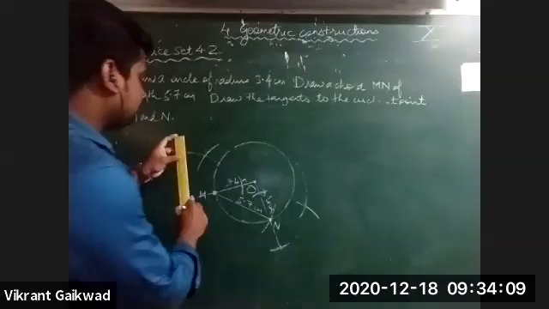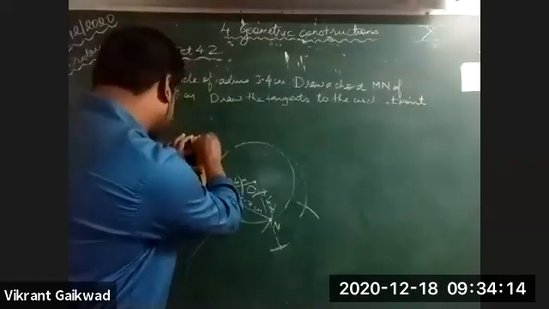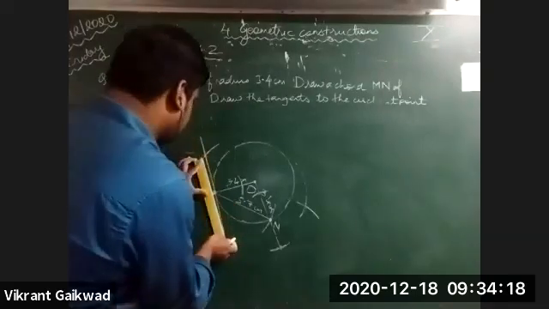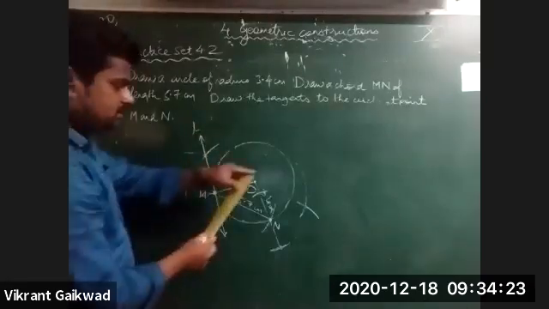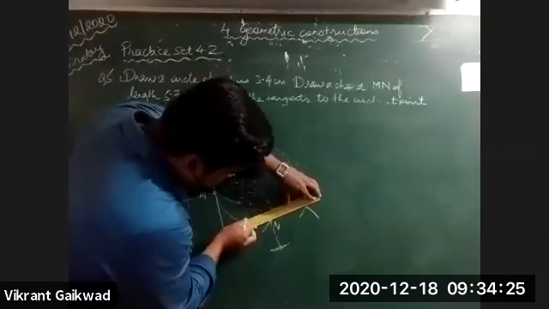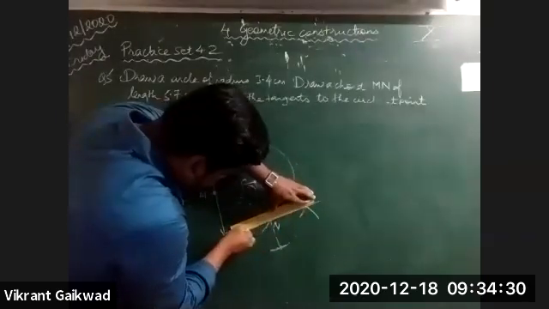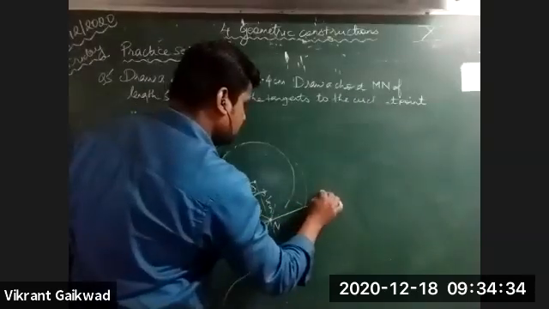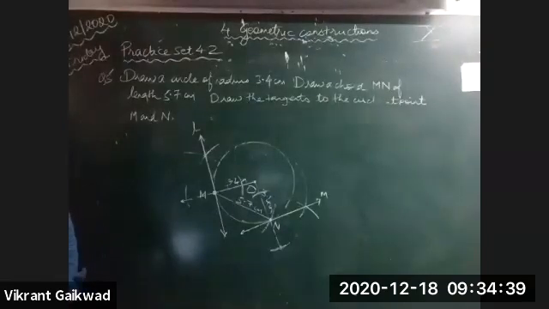Now you are going to join these arcs with the points M and N. This is line L, the first tangent. This is line M, the second tangent. Is this clear to all the students?